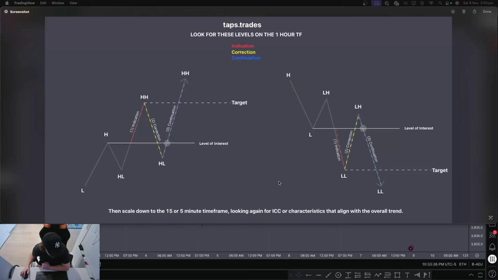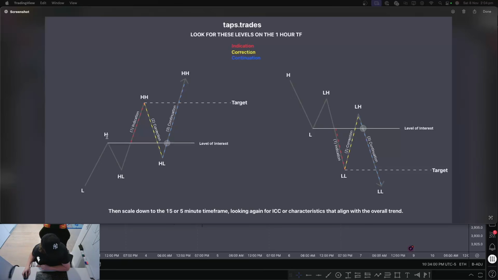So a trend essentially means there's two types of trends. It can be an uptrend or a downtrend. So when price is moving up, or when price is moving down. So what consists of an uptrend? Well, it's really simple. If we're looking for an uptrend in particular, we start with a low and a high in the market.